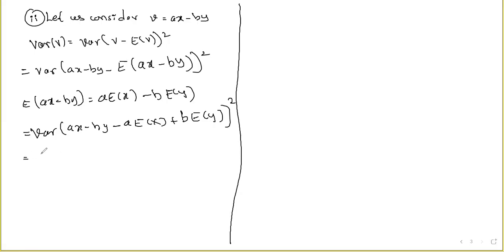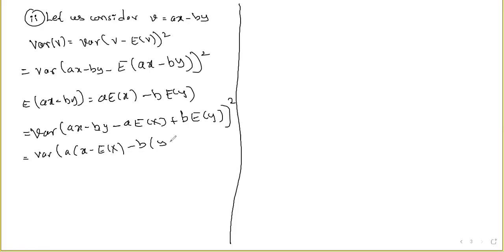This is equal to, same procedure. Here we take a common, so this will be x minus expected value of x. Then here we take minus b common, because we have minus by, and here also plus b expected value of y. So I will take minus b.